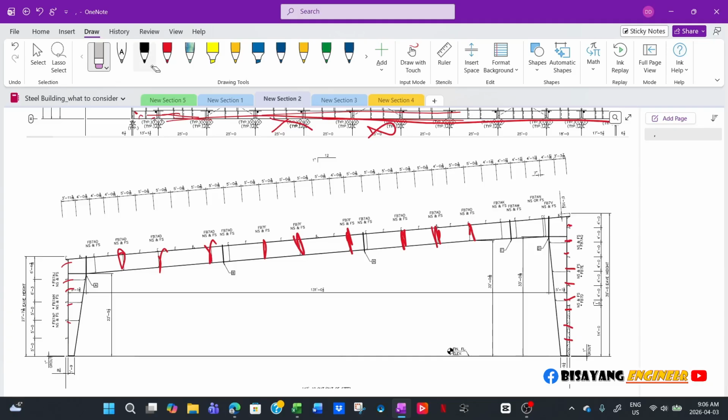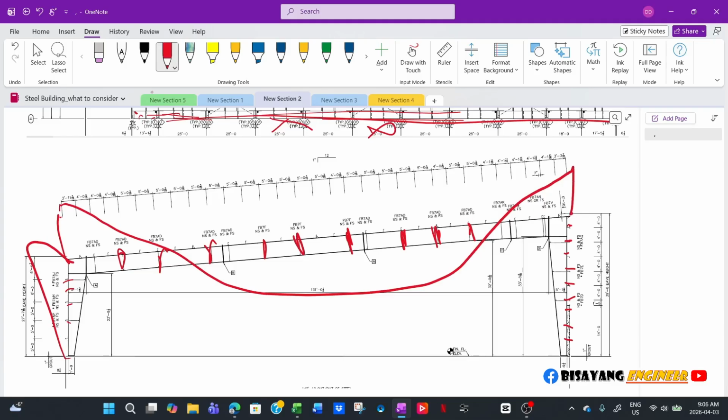So your moment will be like that one, and then this one, and then it will go like this, like that one.